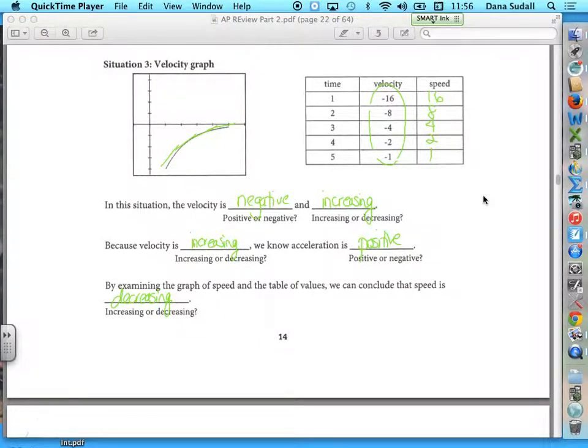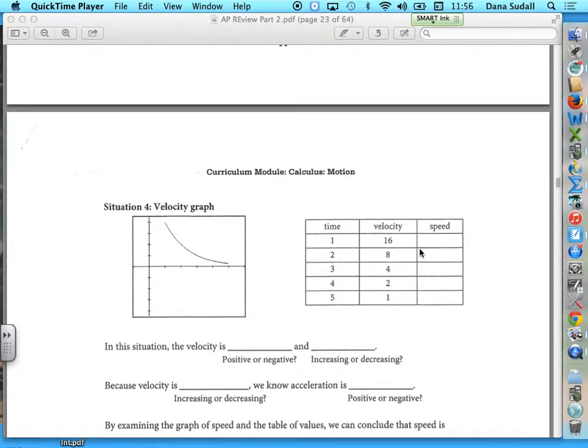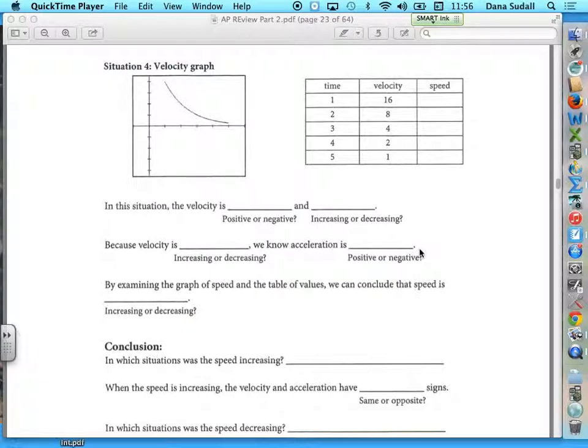All right, and then the final situation, which is going to make all of this make perfect sense. In this last situation, our velocity is positive because the graph is above the x-axis. And if you look at the graph itself, from left to right it is decreasing. We can fill in the values for speed. The absolute values of these are just those same values.